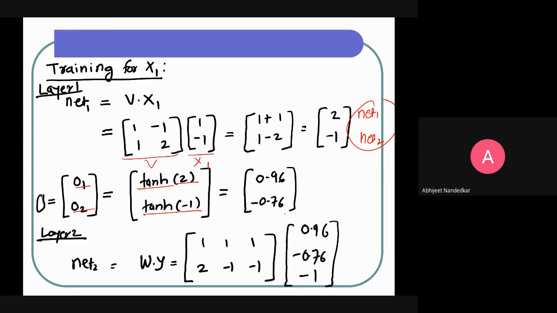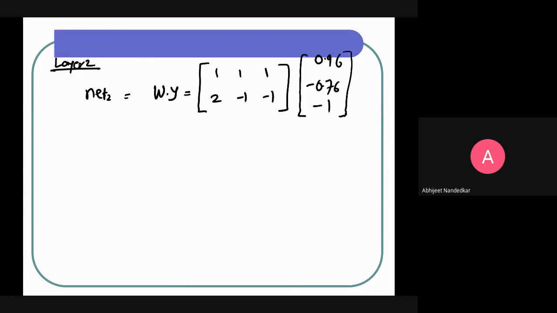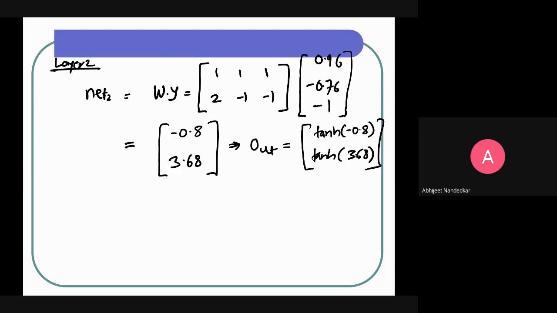Now this hidden unit output is now suffixed with -1, that is extra node that we have created, and then we will multiply with W. So this will give you the net values for output neurons.